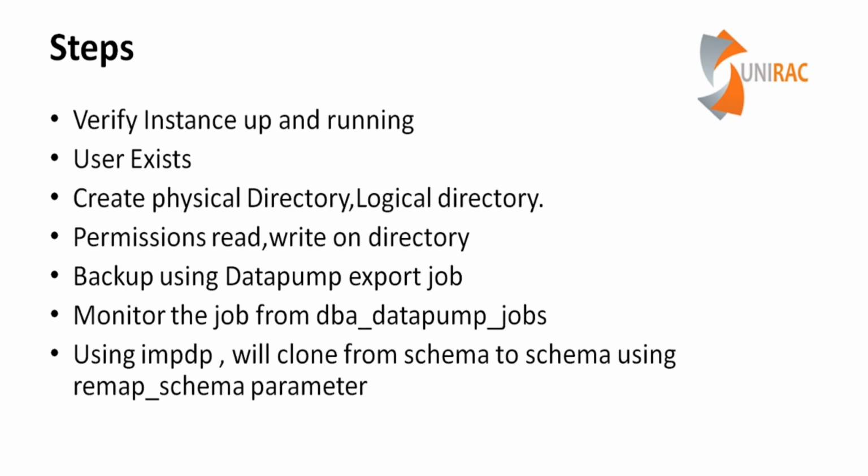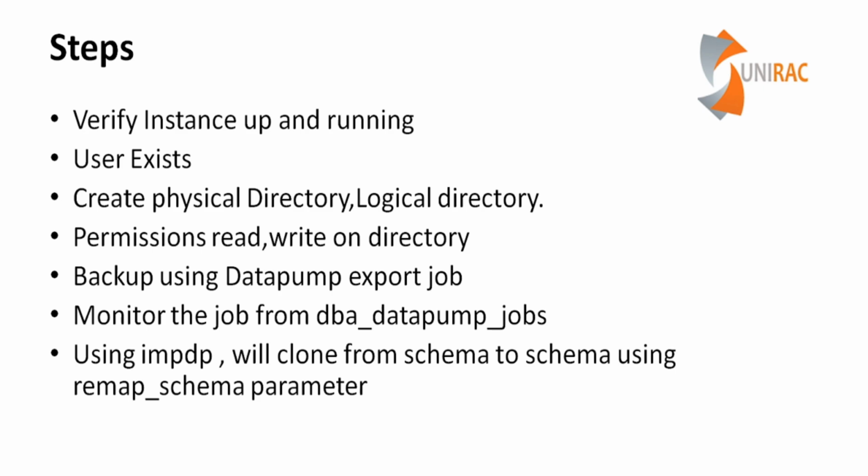The next step is to ensure the physical directory, and create a logical directory, which is an alias for your physical directory. Grant the permissions, read and write, on the directory. Using expdp, we'll run a backup job.